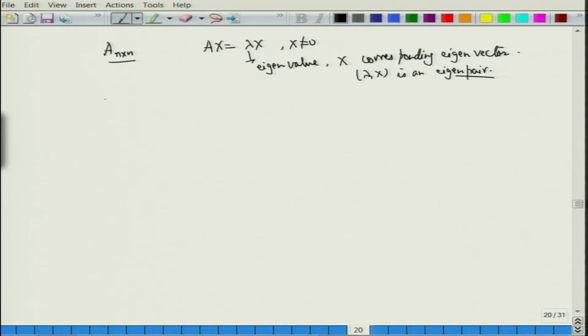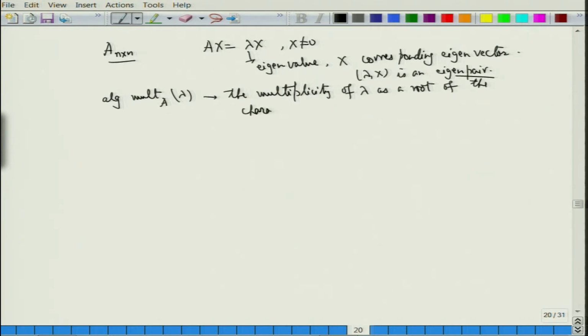Then there was a notion of what is called the algebraic multiplicity of lambda as an eigenvalue of A. So this was the multiplicity of lambda as a root of the characteristic equation.